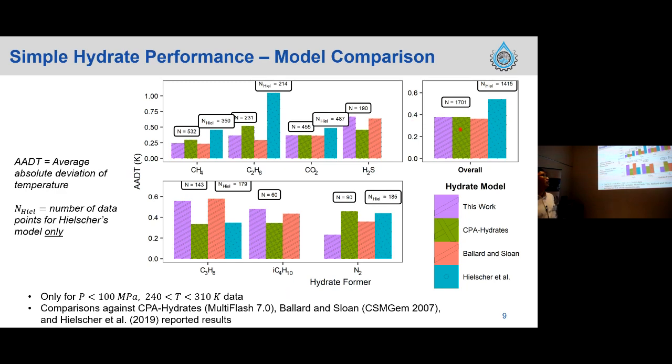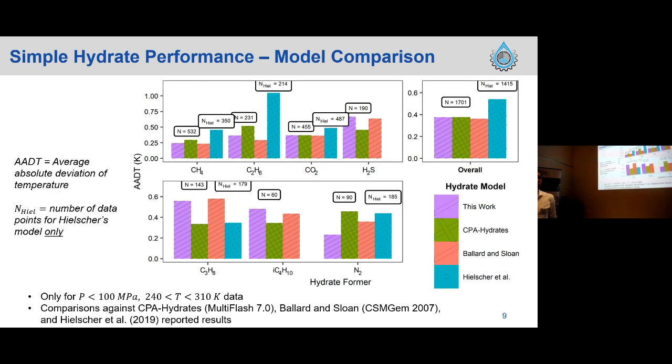Here we can see that this work performed on par with both Multiflash and CSMGem and outperforms the intermediary Hielscher model that's been published in literature that has a different data set. With individual components, we see that our model performs quite well for methane and ethane hydrates as well as carbon dioxide, but it doesn't really perform as well for the structure 2 simple hydrates, propane and isobutane. But we can see that there's good performance for simple hydrates at this point.